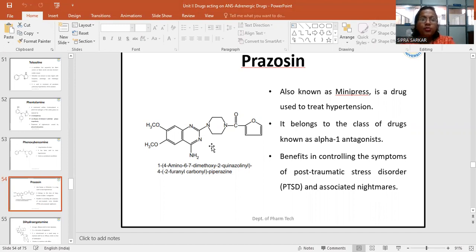Due to tension the blood pressure can increase, and along with the blood pressure increase, stress and nightmares also come on, so prazosin is also used. The name of the drug is 1-(4-amino-6,7-dimethoxy-2-quinazolinyl)-4-(2-furanylcarbonyl)piperazine.